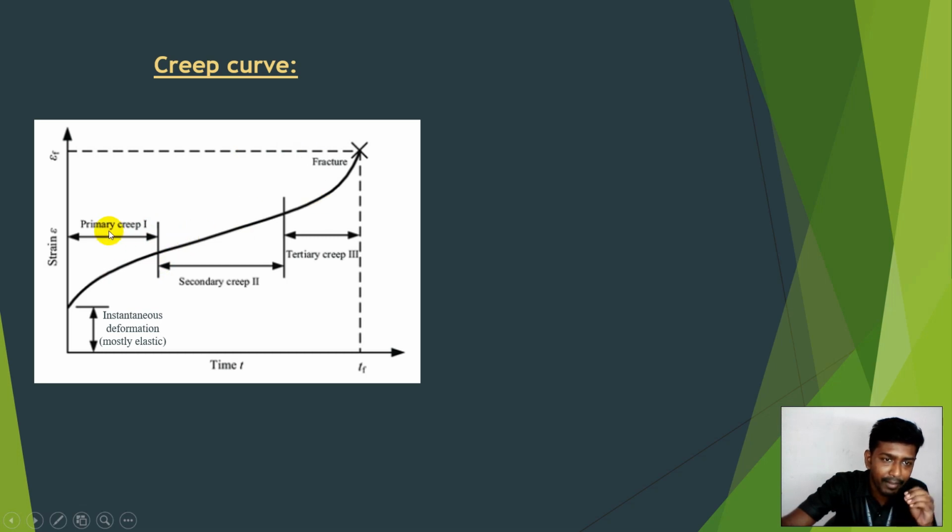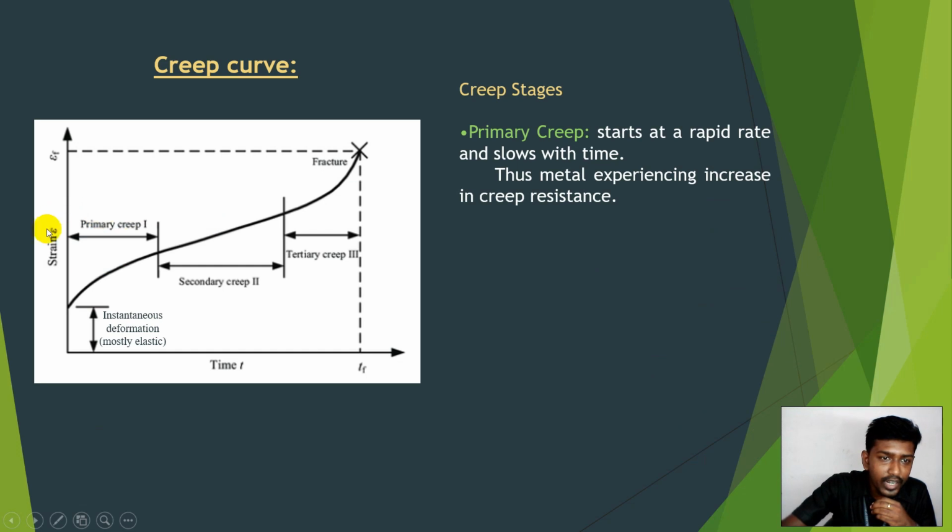One is the primary creep, which is the first one, the middle region is the secondary creep, and the last one is the tertiary creep, right? Let me concentrate first on the primary creep. Just look at this primary creep region. Initially the strain rate is high, and as a function of time it keeps on decreasing.